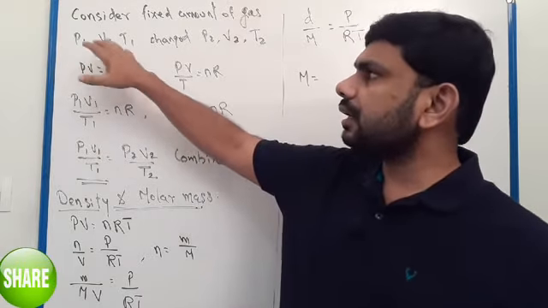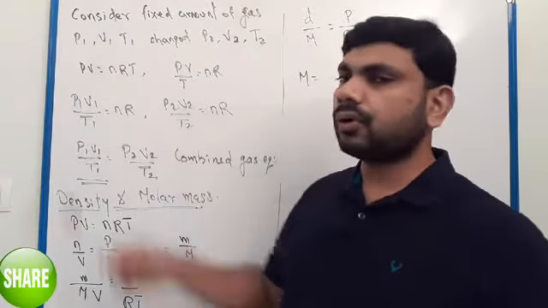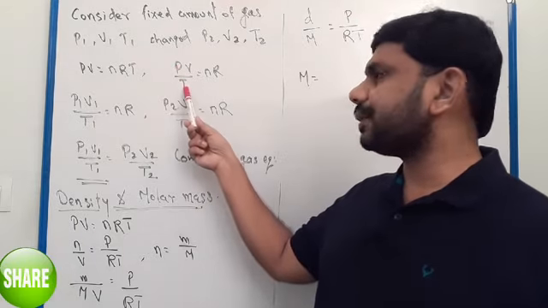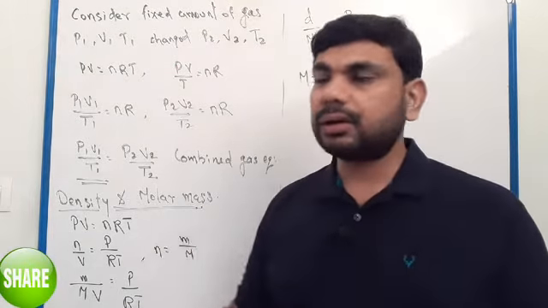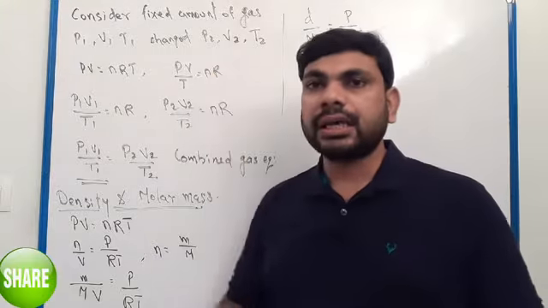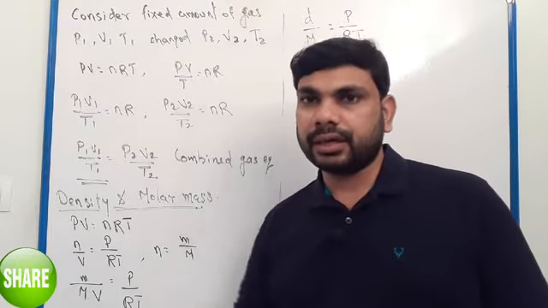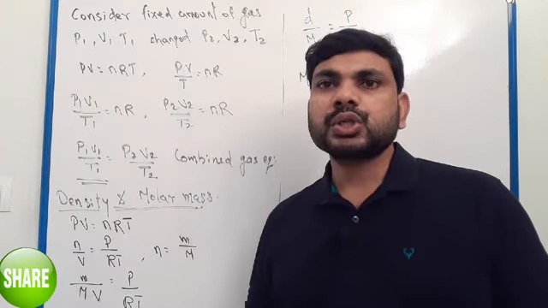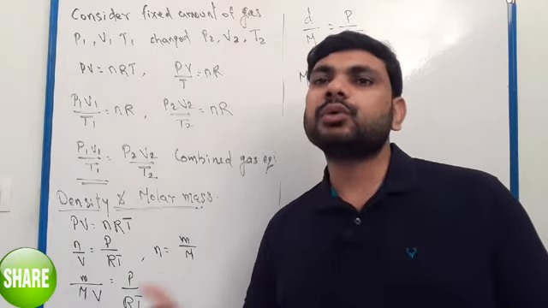This is the initial condition for the gas, so P1 V1 divided by T1 equals nR. nR is constant. After a certain change, the variables changed, so P2 V2 divided by T2 equals nR.